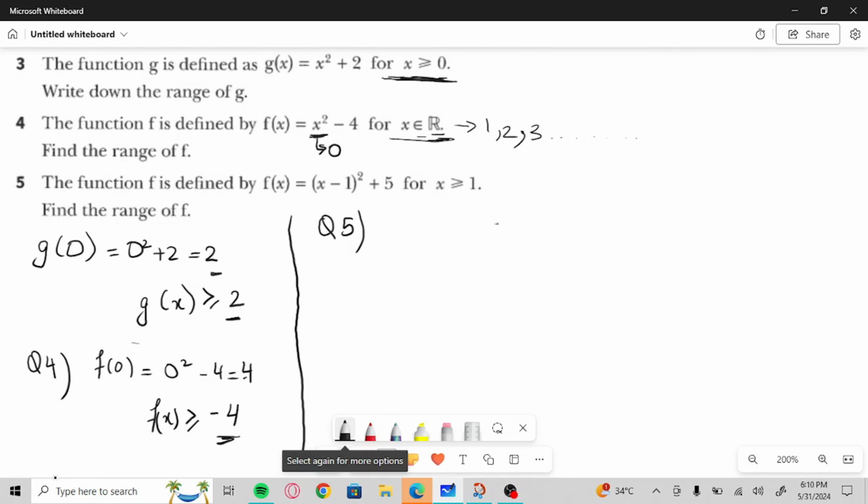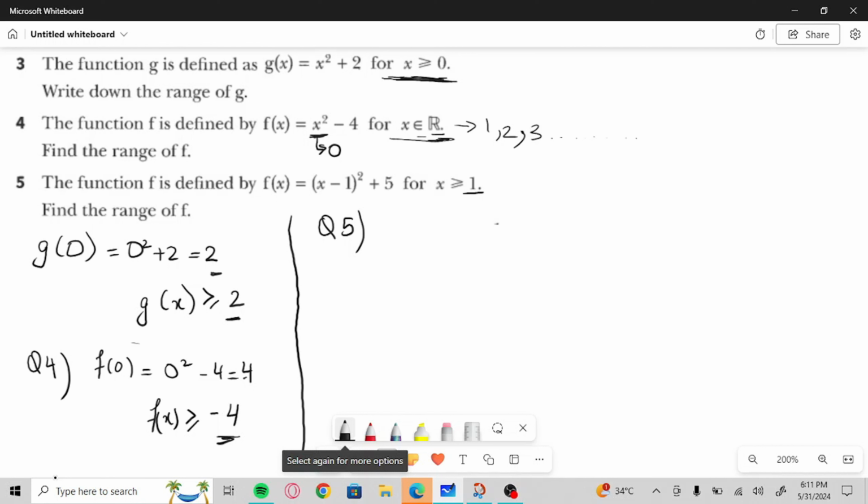We are told that the function f is defined by f(x) = (x - 1) squared + 5, for x is greater than or equal to 1. Again, we are given the value of x for which it is greater than, so that means the minimum value of x is going to be 1.